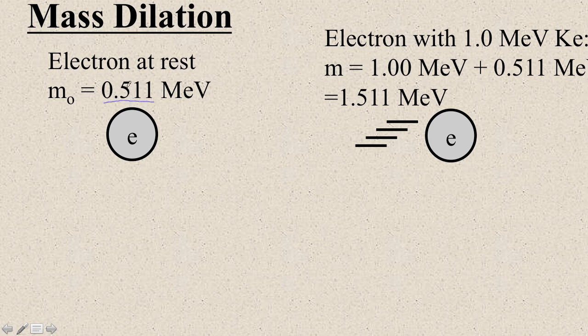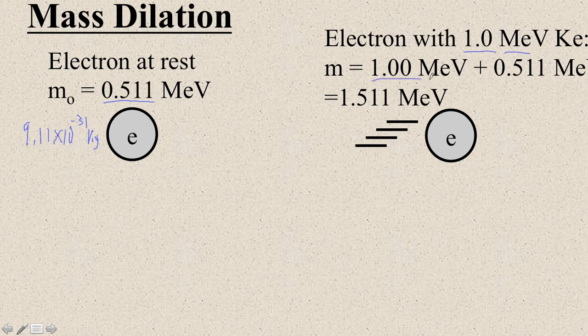If it's at rest, its rest mass is 9.11 times 10 to the minus 31st kilograms. If we turned that all into energy, converted to electron volts, it would be about 500,000 electron volts. If we now accelerate the electron through 1,000,000 volts, it now has 1,000,000 electron volts of energy.